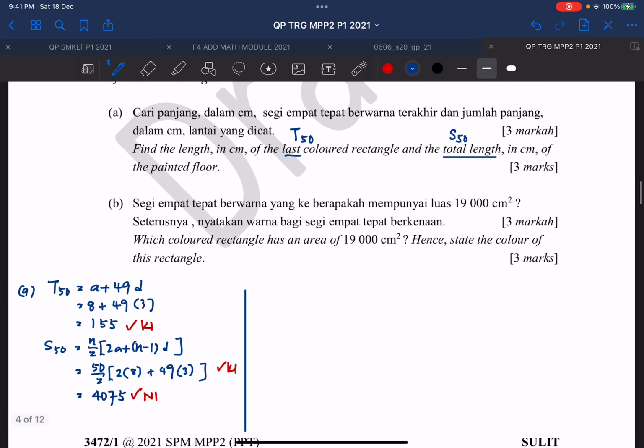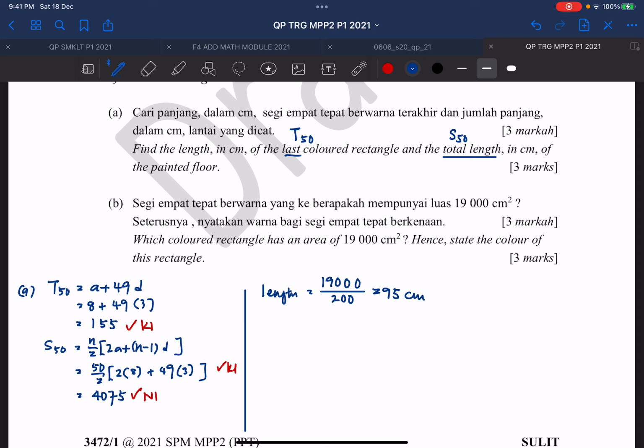To find the corresponding length, it should be 19,000 cm square divided by the width, 2 meter or 200 cm. So you should get 95 cm. This is your length. So which rectangle has 95 cm?